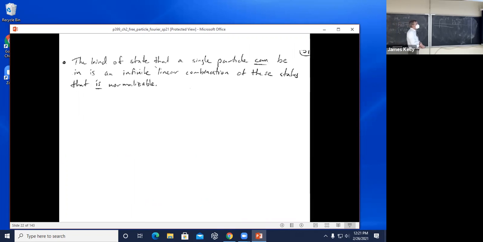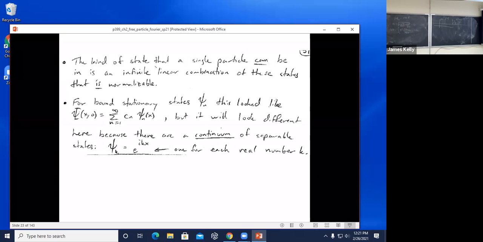Now, the kind of state that a single particle can be in can be written as an infinite linear combination of these states. Just because you can't have a particle in one of these states, it might be that if you take a linear combination of these states, you could produce a state where the integral of psi star psi is perfectly finite. And that's exactly what we're going to do.